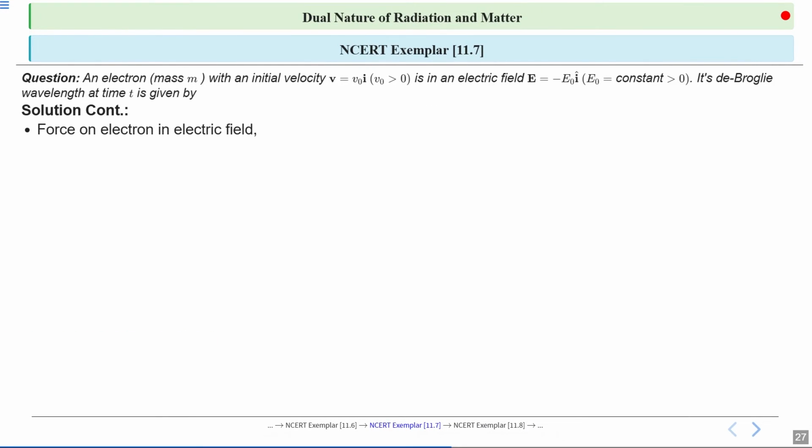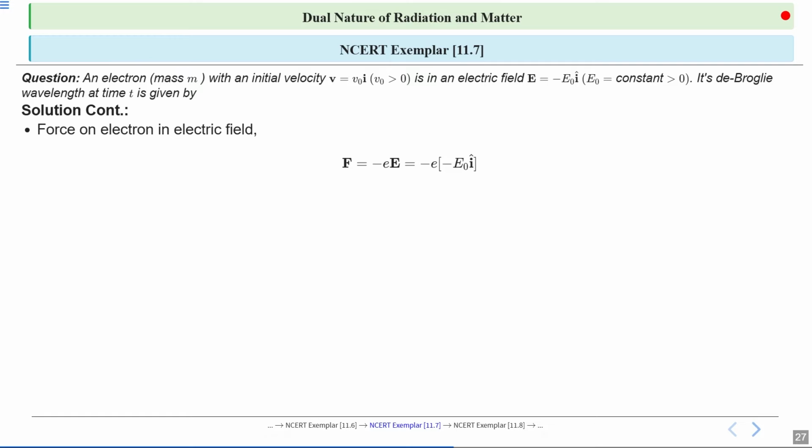So first let's identify the force acting on the electron due to the electric field. The force on a charged particle in an electric field is given by F equal to QE. Okay, for an electron, F is equal to Q, in place of Q it is minus e, and capital E, in vector form.